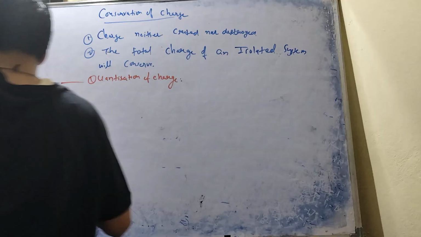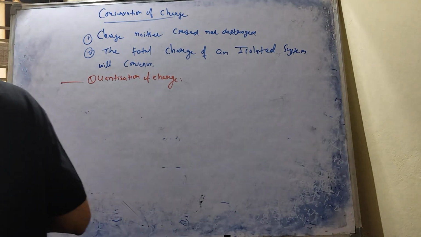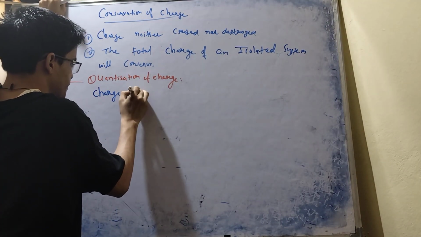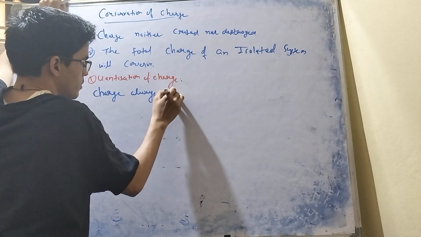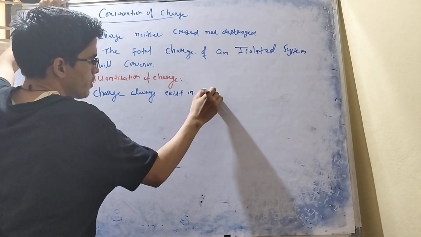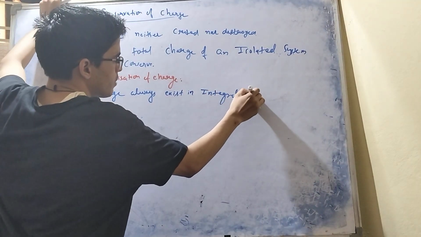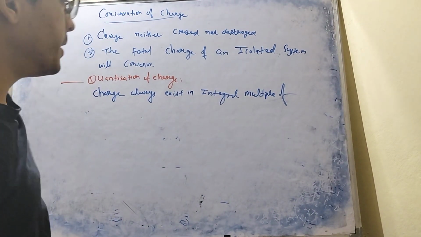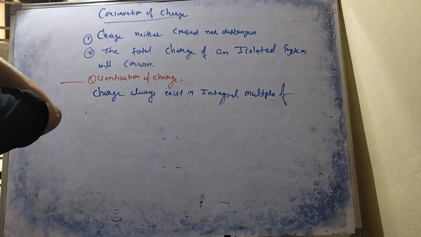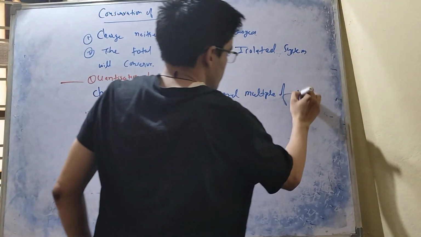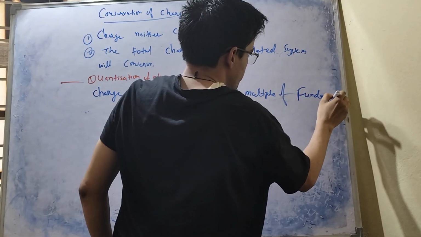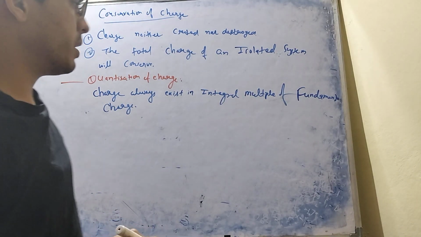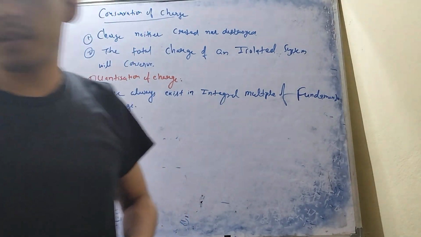So here also in case of quantization, charge always exists in integral multiples of fundamental charge. Charge always exists in integral multiples of fundamental charge, correct?